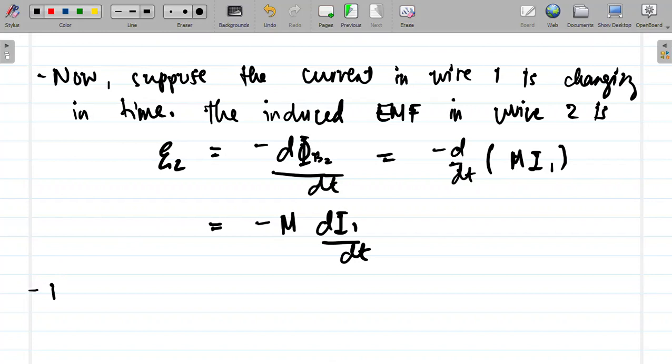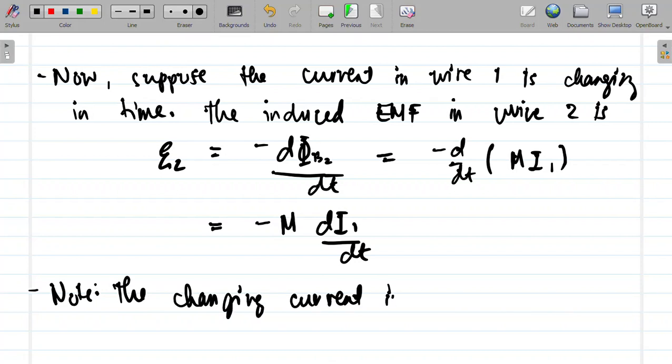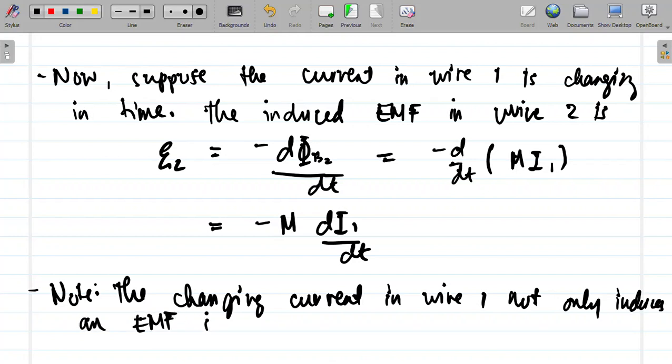Tapos take note class. So note ulit natin that the changing current in wire 1 not only induces an EMF in wire 2, but it also induces an EMF in itself.